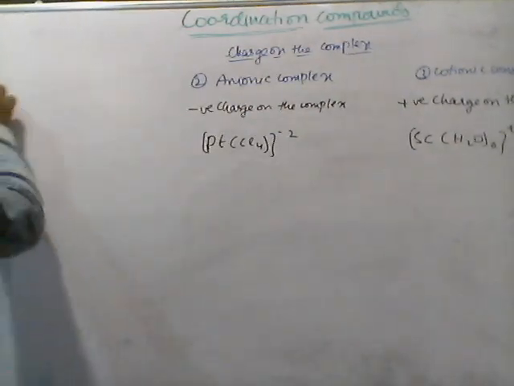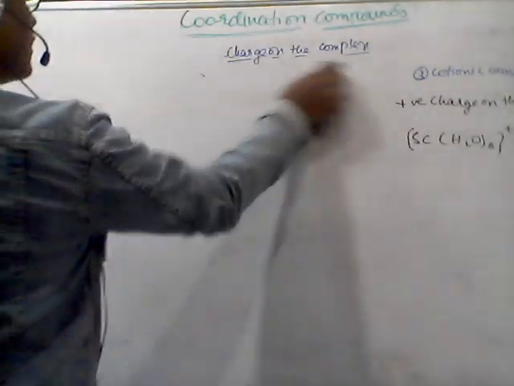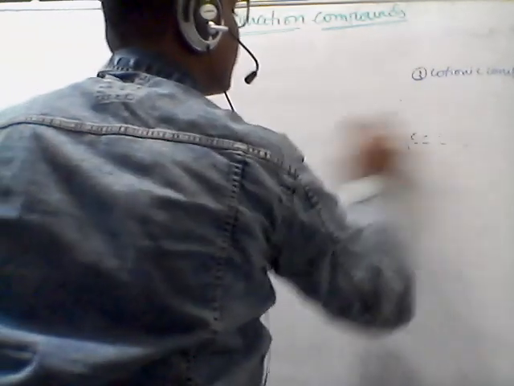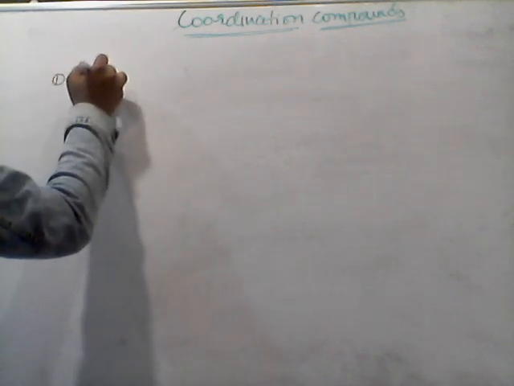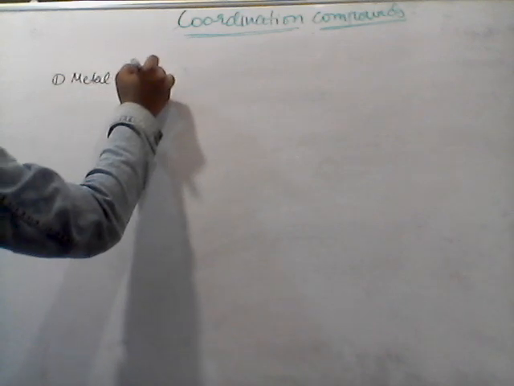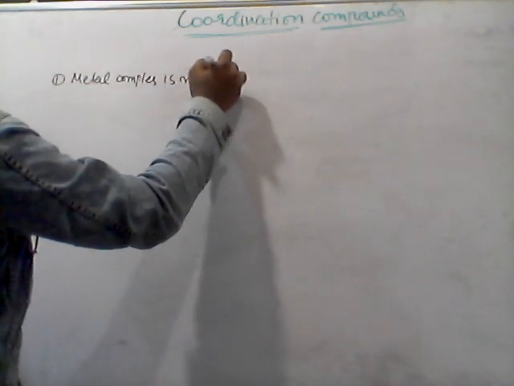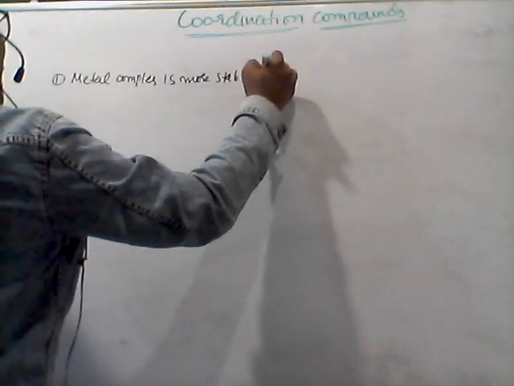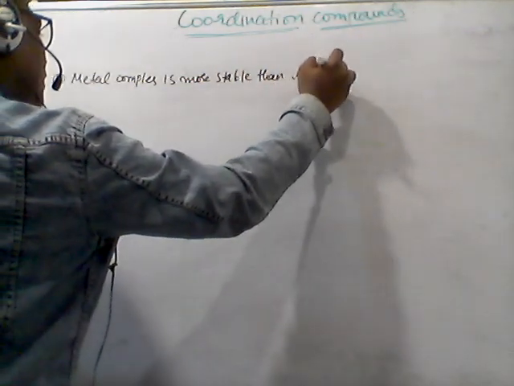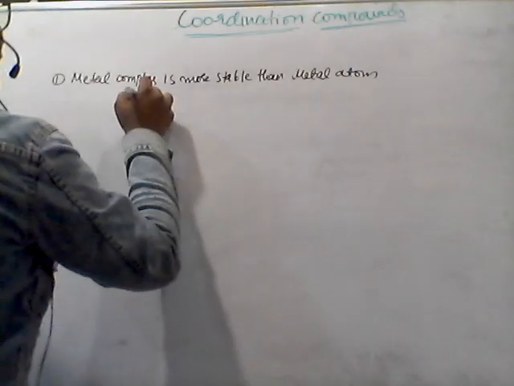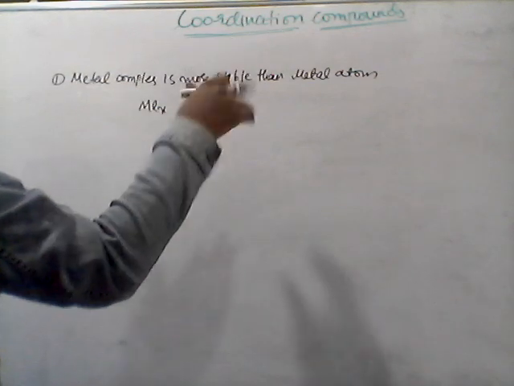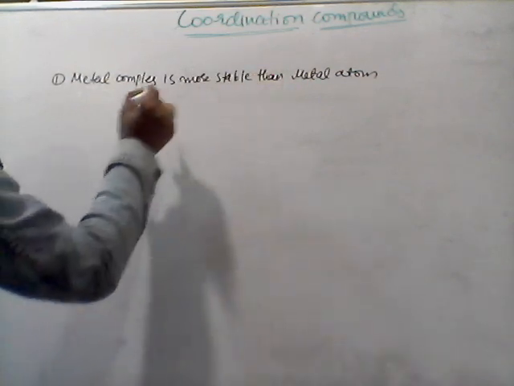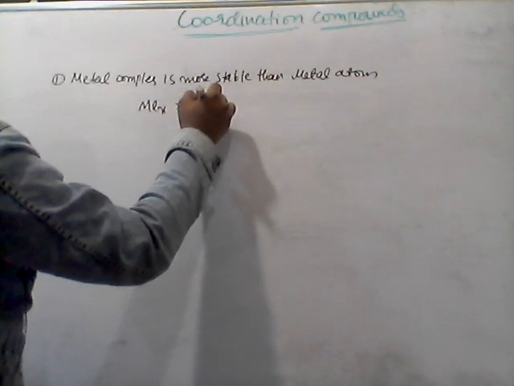Let us look at a few other characteristics of the coordination compounds. Let us look at the first one. A metal complex, MLx, where M is metal, L is ligand, and x is the coordination number or the number of ligands present, is more stable than a normal metal atom.